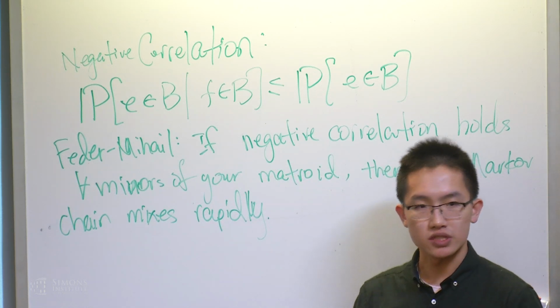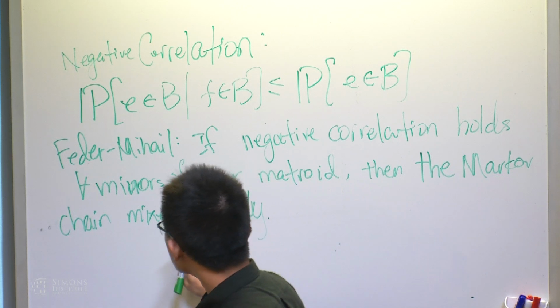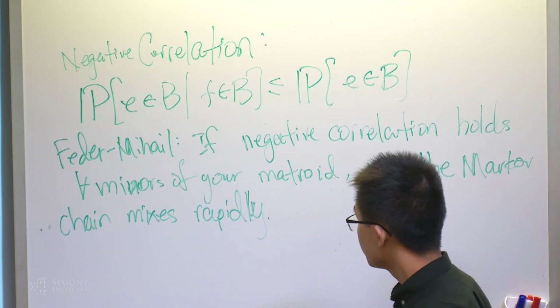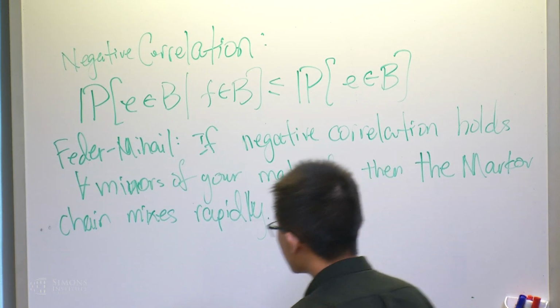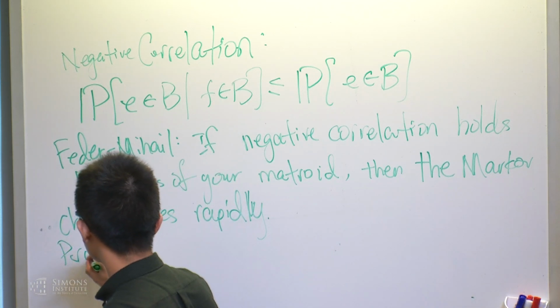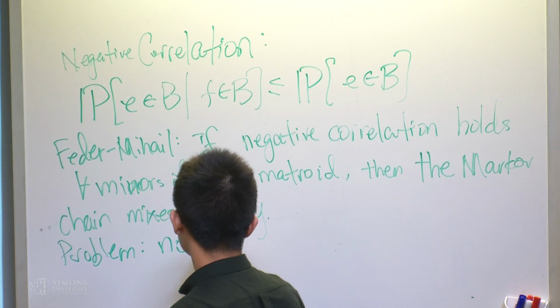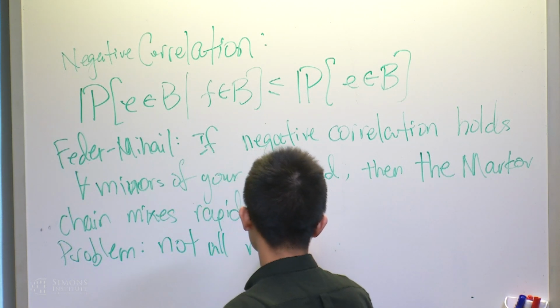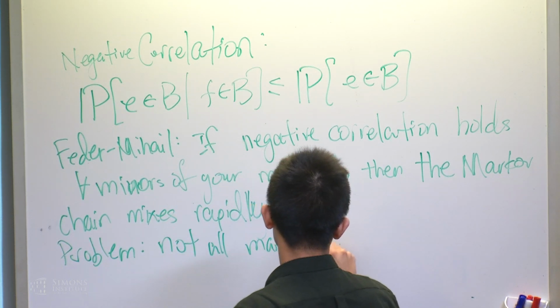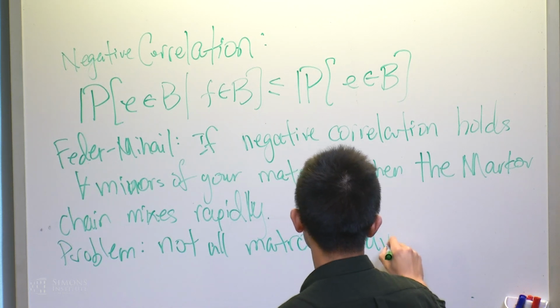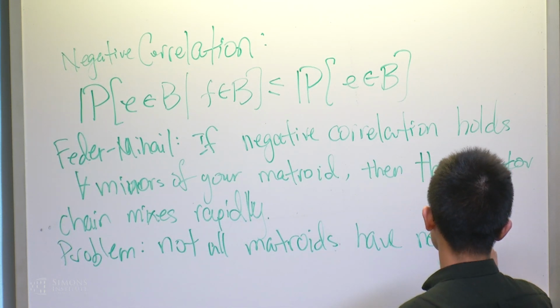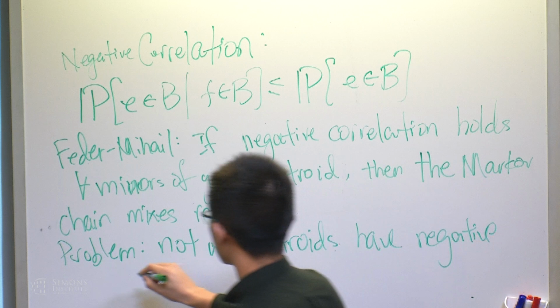The proof is also inductive, with a very similar induction. But the problem is that it's known that not all matroids satisfy negative correlation.